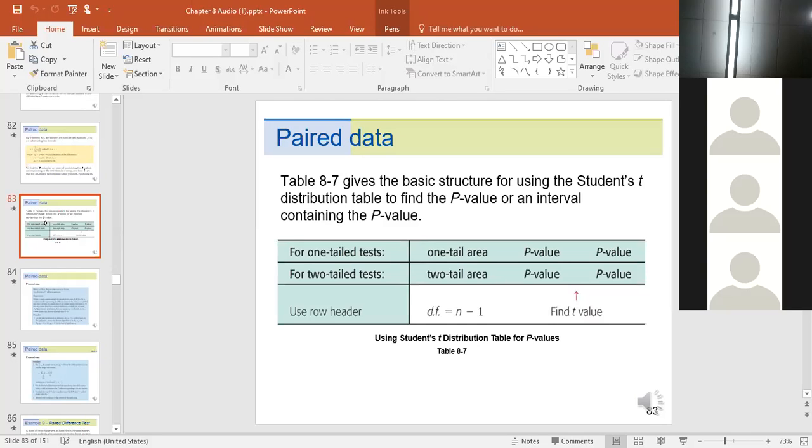Mu A equals mu B. Mu B equals mu A. If I say mu D is less than 0, it means mu B is less than mu A. These are the same thing. Do we get what I'm saying here? If I say mu D is greater than 0, it means mu B minus mu A is greater than 0, meaning mu B is greater than mu A.